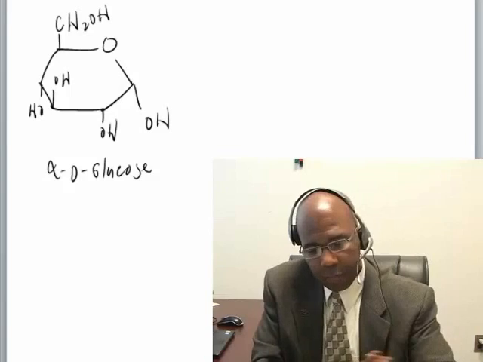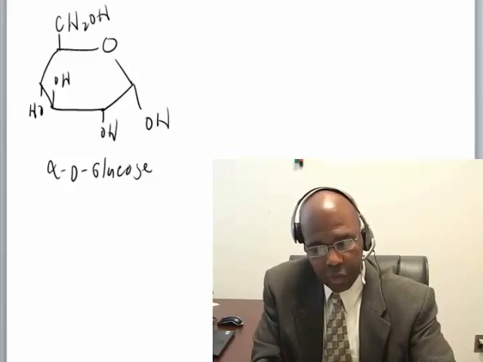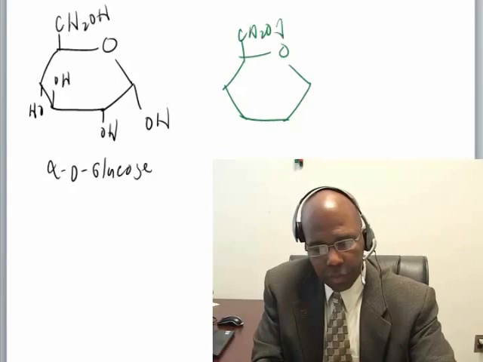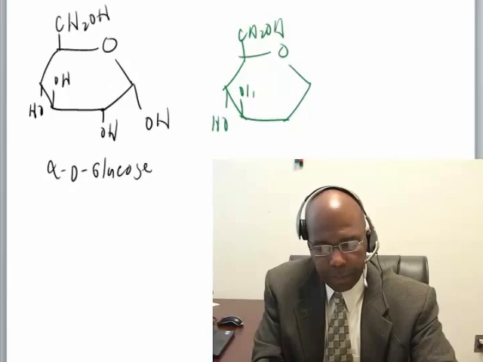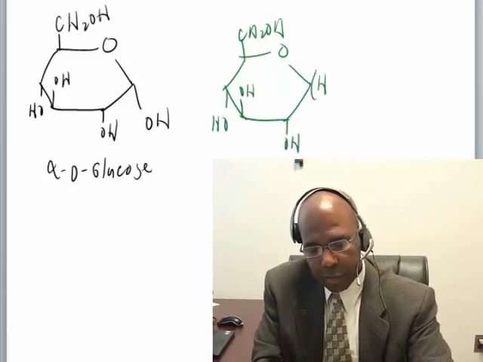Then we're going to attach it to another glucose. CH2OH, that's up. This is down, up, down, and this one doesn't matter, so I'm going to put HOH here because it doesn't matter.